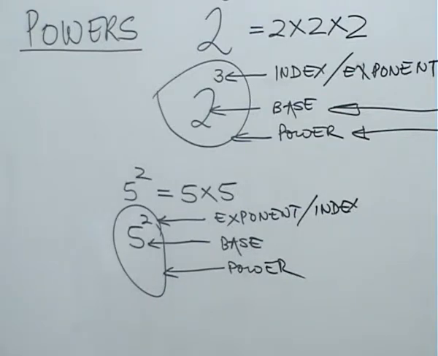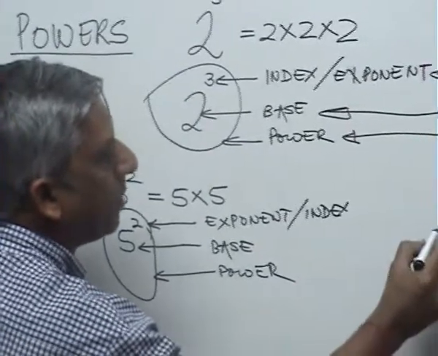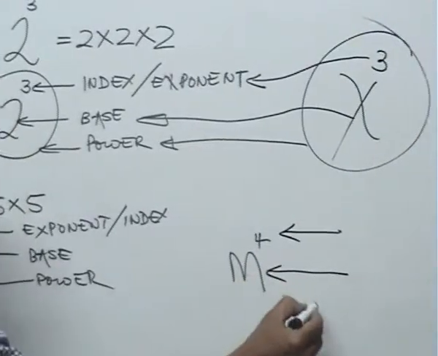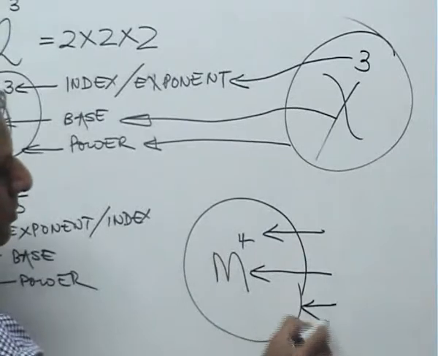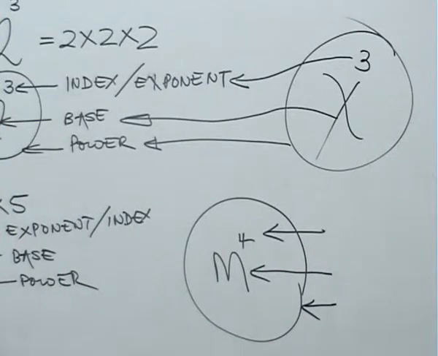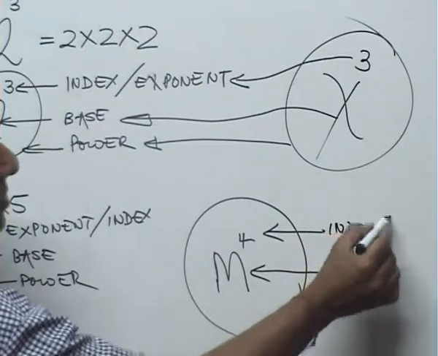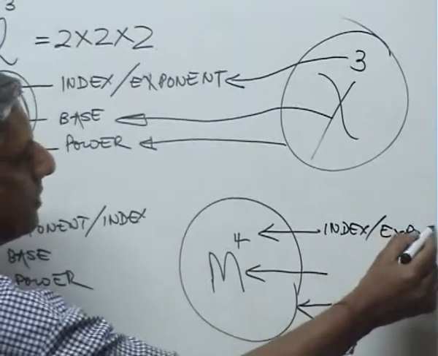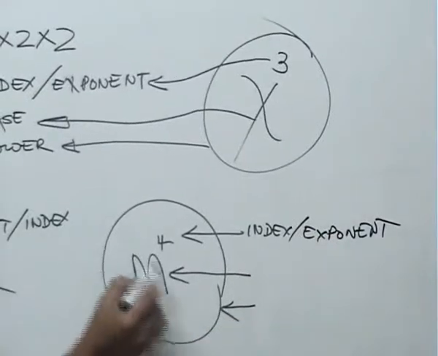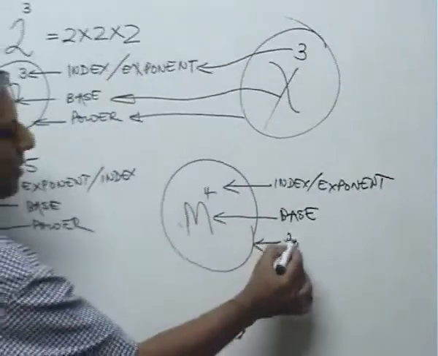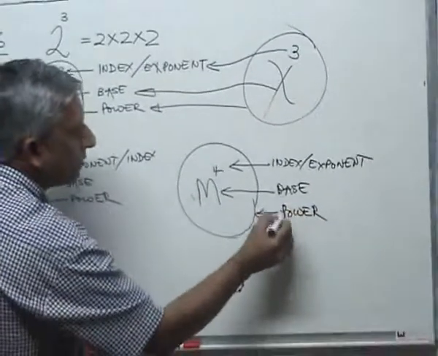So you must be able to identify powers. If I ask you to label m to the 4, then you will tell me 4 is the index or exponent, m is the base, and this whole thing is a power.